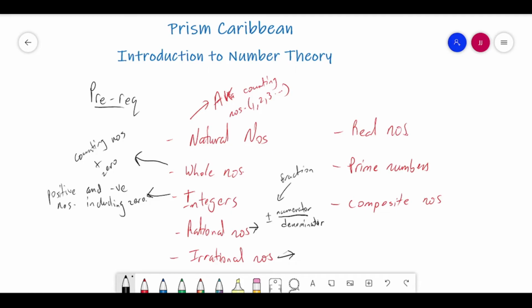So with regards to irrational numbers, these are numbers which, you guessed it, cannot be written as a fraction, right? So these are like square rooted numbers, like the square root of 3, or the square root of -7, or even pi, right? So yeah. So we also have to know about real numbers, right?